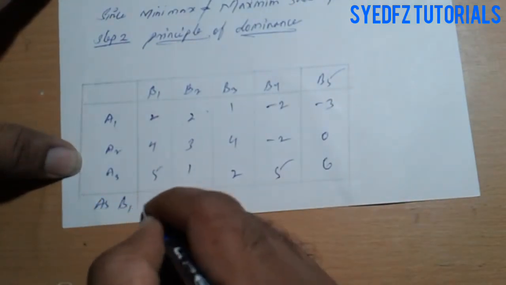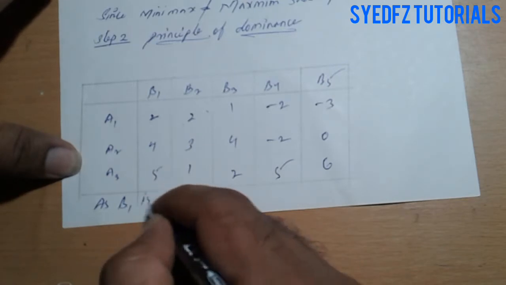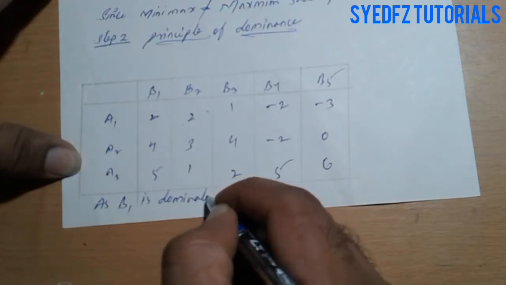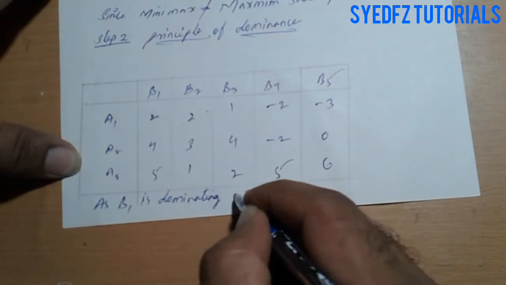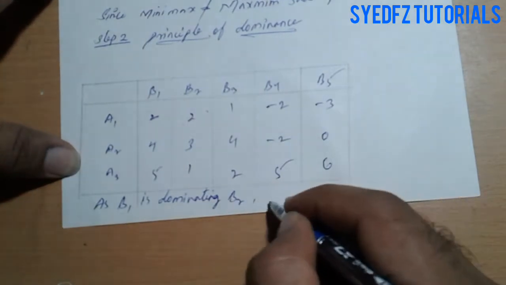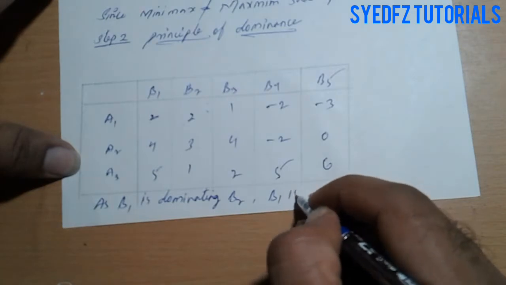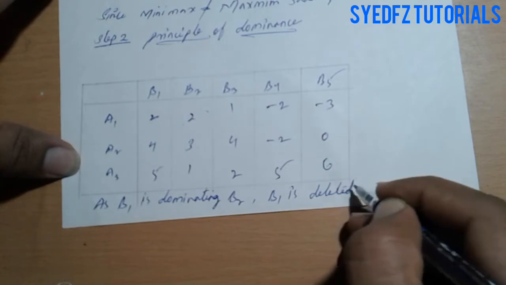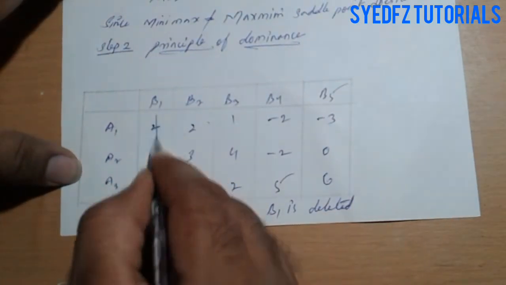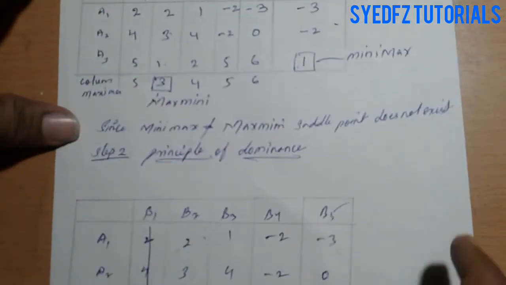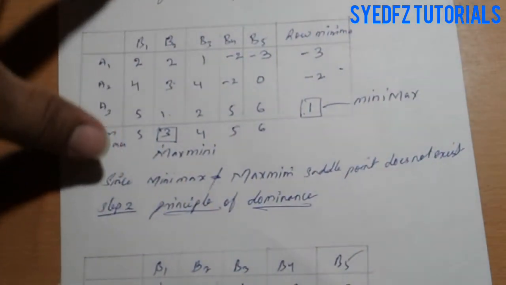Therefore B1 is deleted. After deleting, how much are we getting?